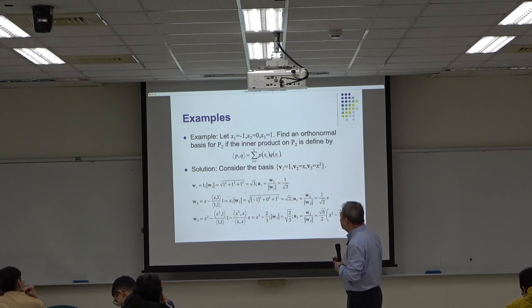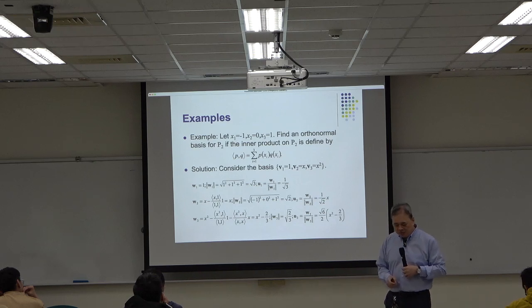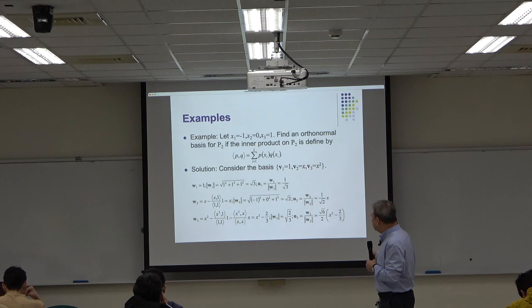Let's consider the basis of this vector space P2, because P2 is all the polynomials up to order 2. Its easiest basis will be V1 equal to 1, V2 equal to x, V3 equal to x squared. That's the easiest basis for P2.